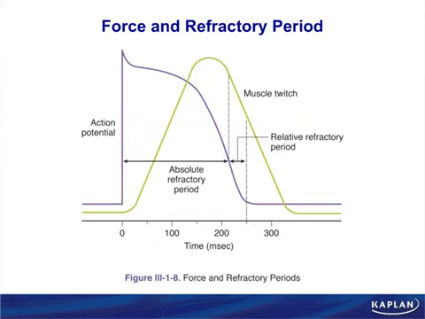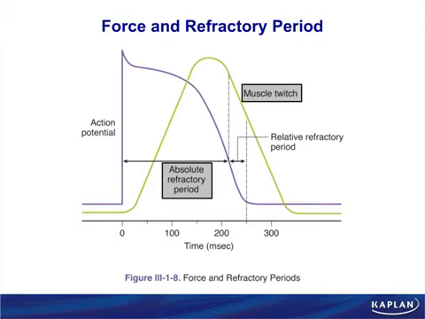All right, the very last aspect of this book is to look at the action potential for cardiac cells versus the muscle twitch. And notice something. Cardiac muscle is still in absolute refractory when the muscle twitch force is beginning to fall. Now remember, in skeletal muscle, we repolarized before the twitch even started. And because of that, we could summate the force.